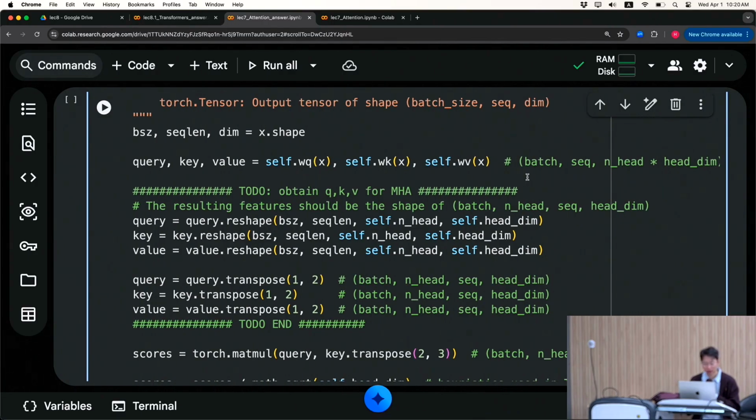Query, key, value is of size batch size, sequence, number of heads times head dimension, and should become batch, number of heads, sequence, head dimension. First, we're going to reshape this matrix. So it's batch size, sequence, and we break this multiplication with reshaping and create an additional dimension.